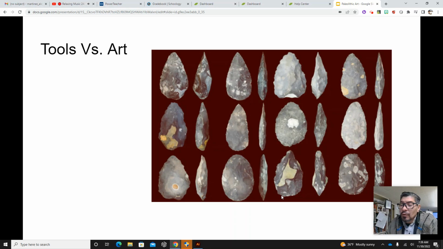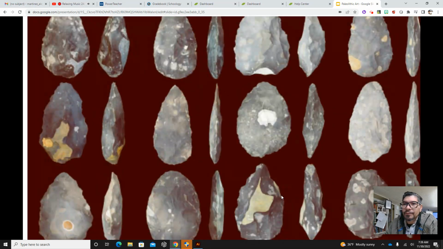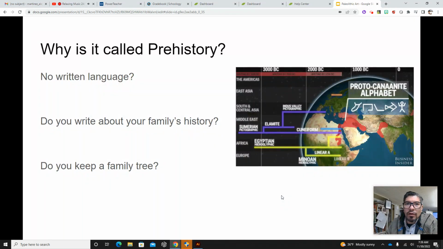And so, whether this is art as a tool or it's art for art's sake, most historians would agree these are tools and they will not be considered art. And like I said, it does take a lot of craftsmanship. So this carried on into some of the earlier forms of art.